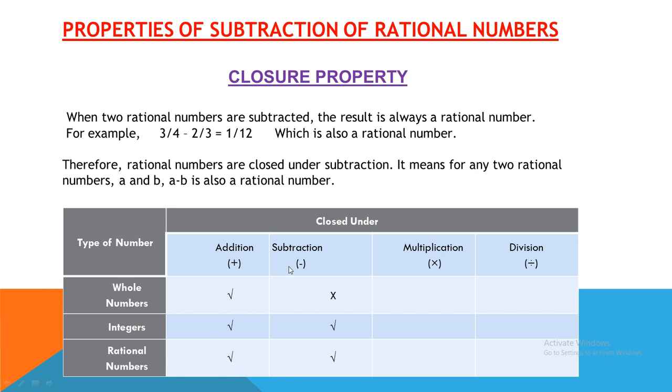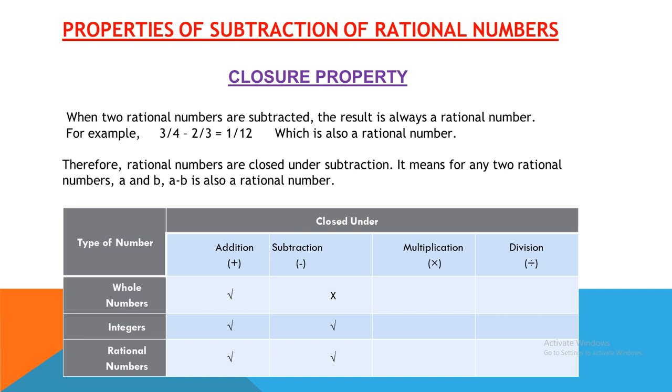In case of subtraction, is this property true? If we subtract two whole numbers, we will always get a whole number. This is false. Why is it false? Let's take one example. If you have two whole numbers 3 and 4, first you subtract 3 from 4, you get 4 minus 3, which is 1, another whole number.